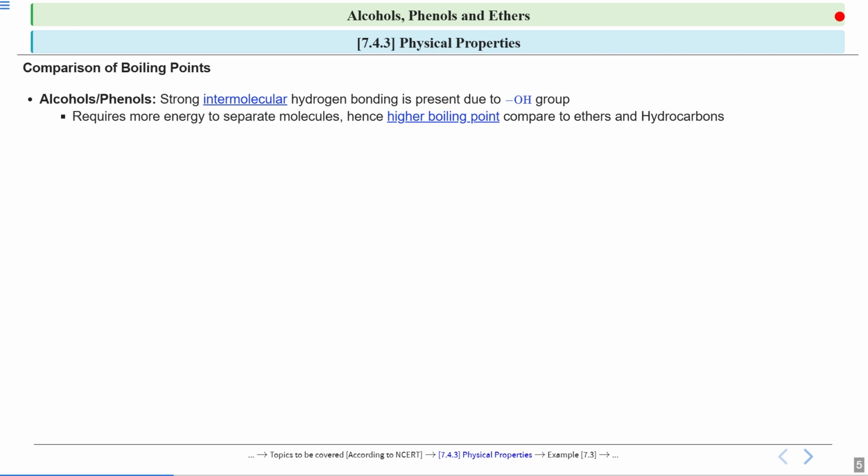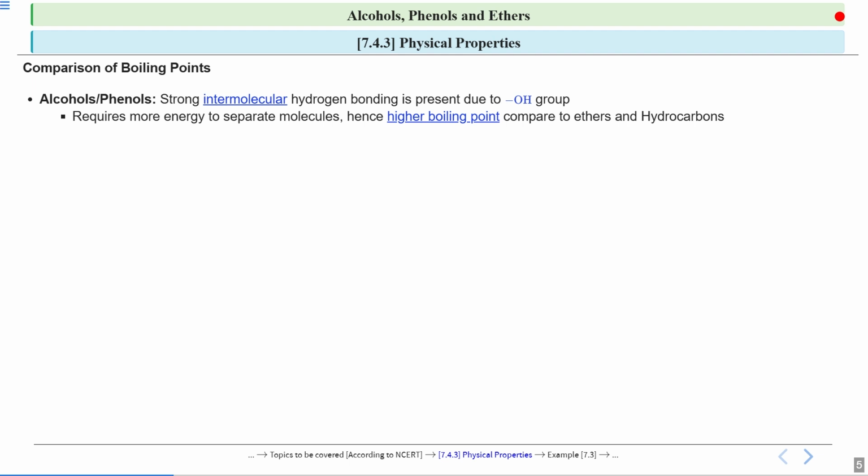Similar is the case in alcohols and phenols, because the intermolecular hydrogen bonding is strong. So you have to give more energy to separate the molecules, which means the boiling point of alcohols and phenols will be higher as compared to ethers and hydrocarbons.